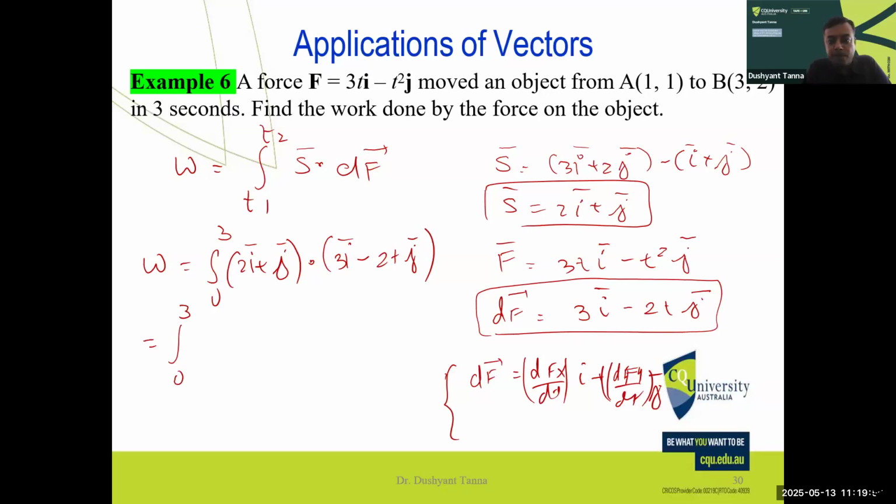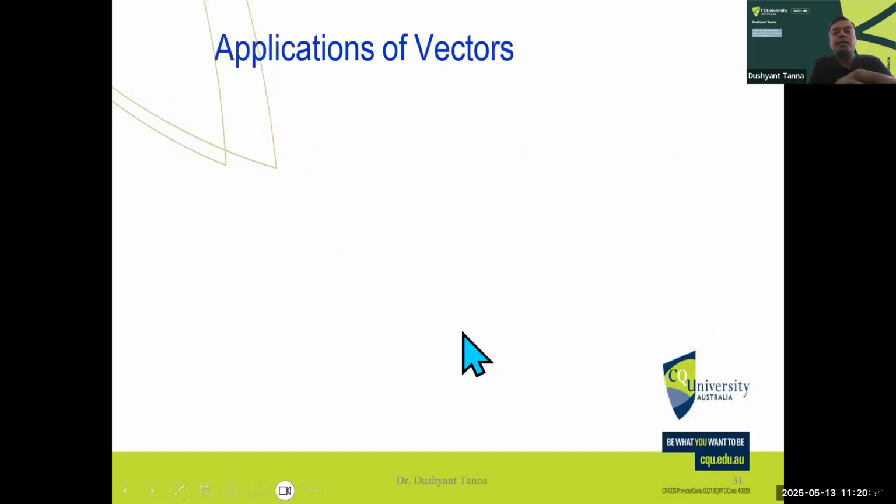0 to 3, plus dt. So 2 times 3, 6, minus 2t dt. 6 minus 2t integration. I'm sure you have done enough practice.